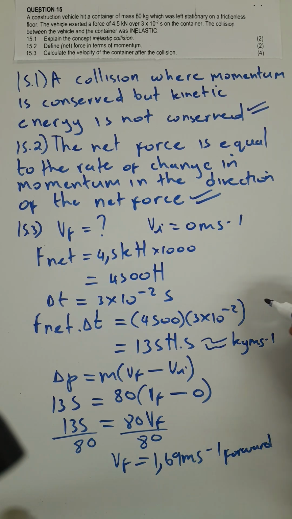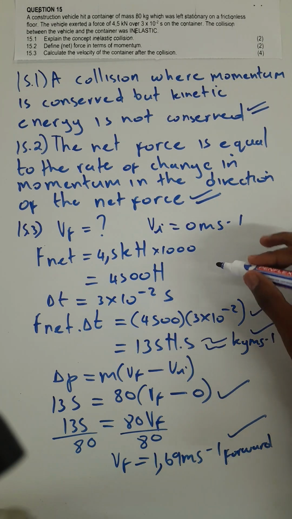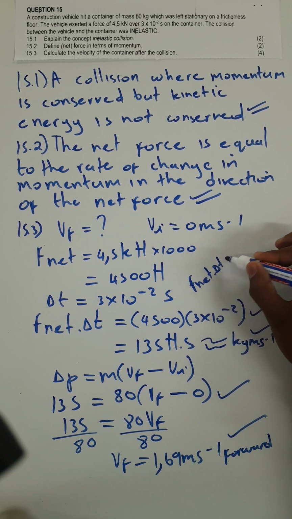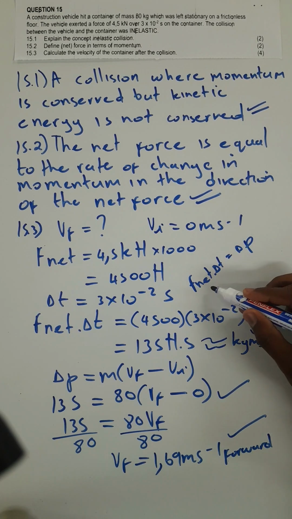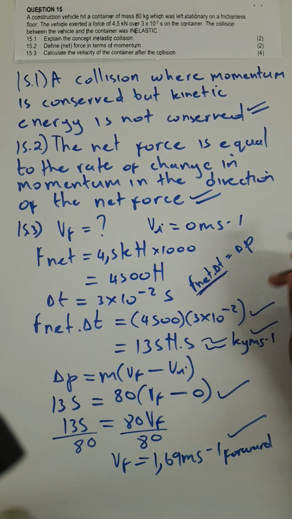It's going to be 1 mark for calculating the impulse, and then 2 marks for calculating the velocity. So the gist of this question is the fact that impulse, the product of a net force and the time, is equal to the change in momentum. We have the force and the time, so we can calculate the impulse. Once we have the impulse, we can say that this impulse is equal to the change in momentum.